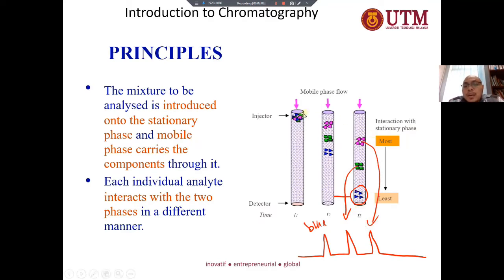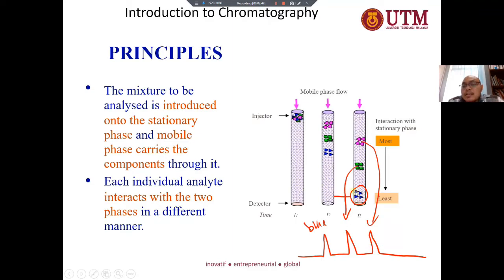So again, we have the mixture of analytes over here. Through the injector, we introduce the mixture of analytes. The mobile phase is the one that brings our mixture through the column, until it reaches the detector. The analyte that interacts the most with the stationary phase will elute last, or reach the detector last.